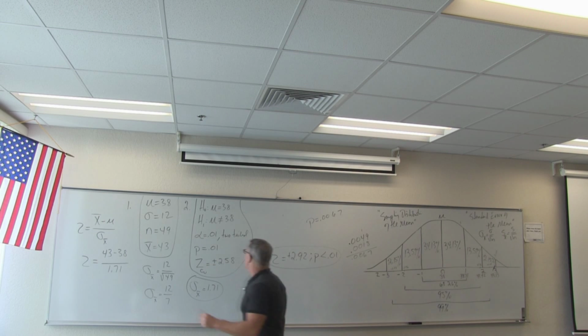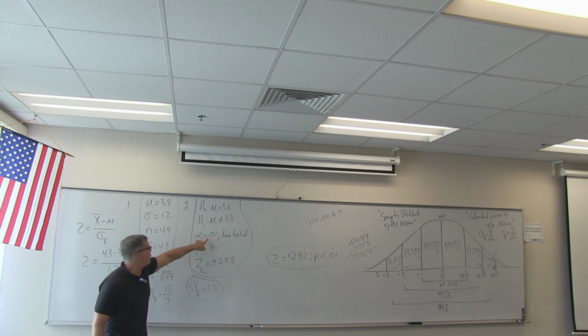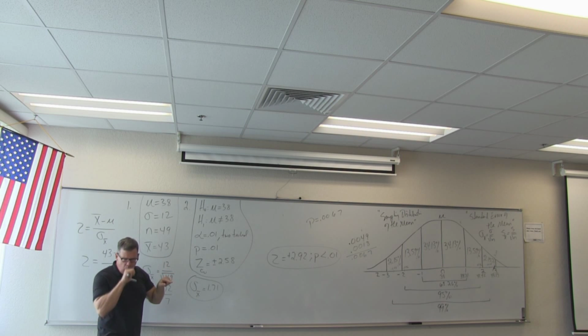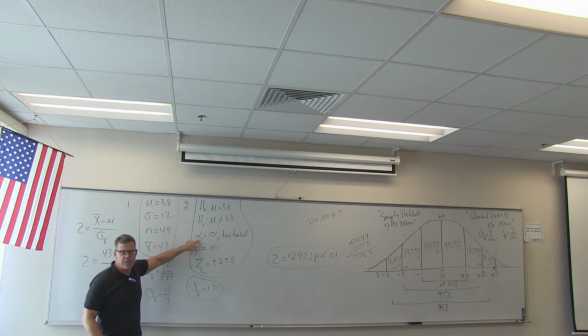Now, I said that the likelihood I committed a type 1 error is 1%. I basically said I rejected with really high certainty. There's another interpretation for this. They actually go over it in chapter 9.